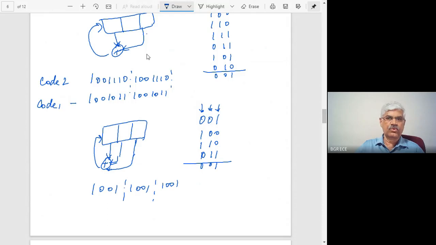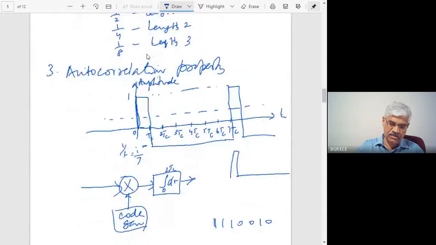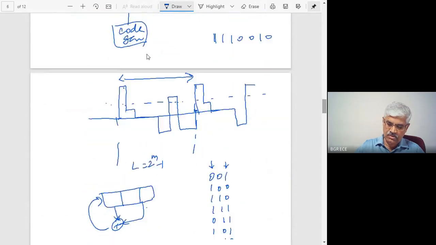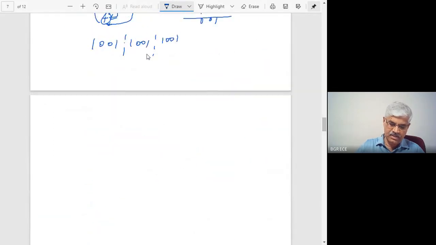many codes which satisfy the randomness properties, which means it satisfies the balance property, run length property, autocorrelation property, and the 4th property I have not mentioned here. So the 3rd one is autocorrelation, and the 4th property is cross correlation property.